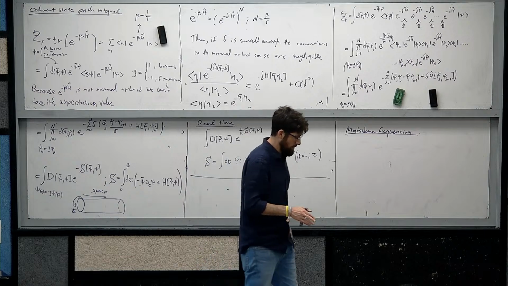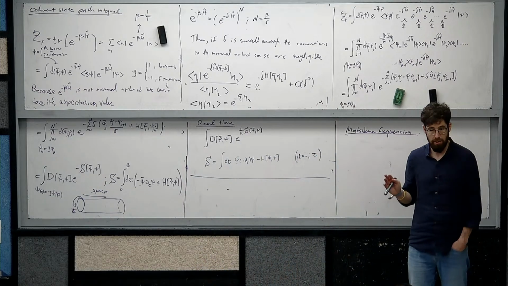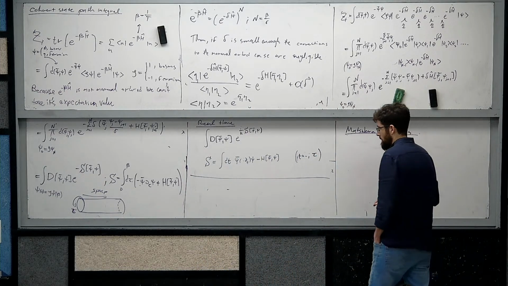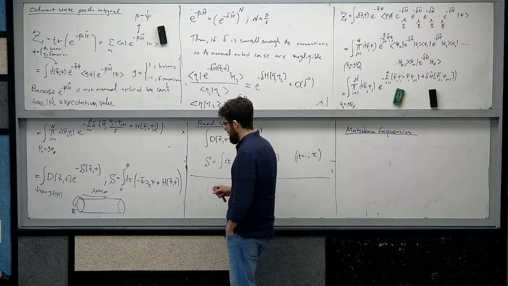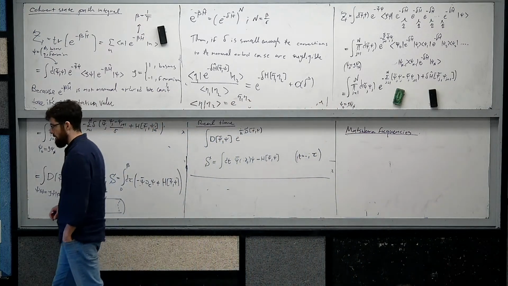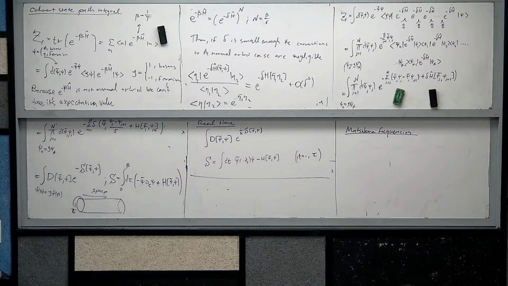In many cases, due to this mapping, there are many situations in which you can write all the bosonic theories, all the theories that are inherently bosonic, you can rewrite them.